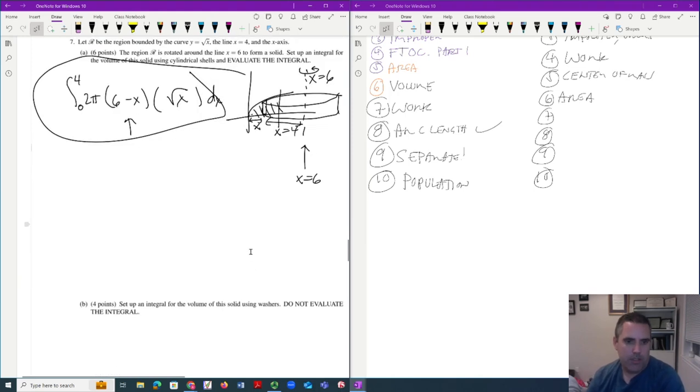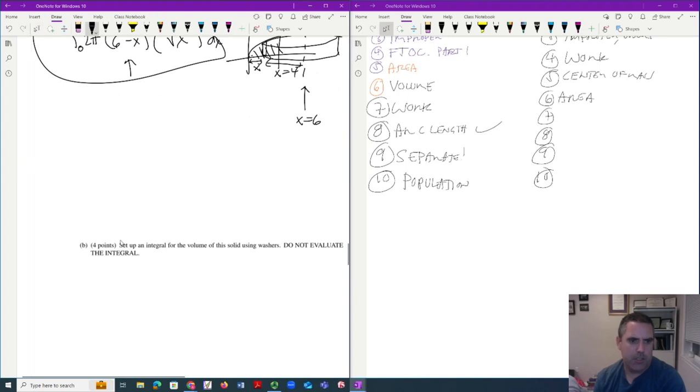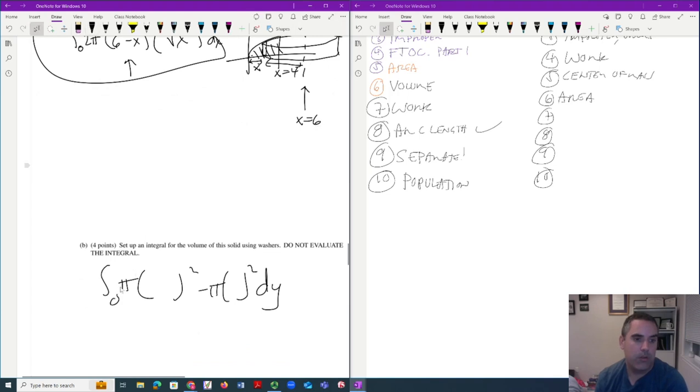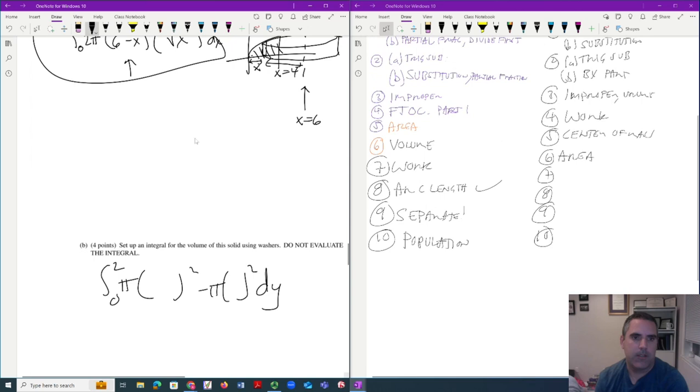Set up an integral for the volume of this using washers. If you did washers, it's going to be in terms of y, dy, pi squared. The smallest y can be 0, the biggest y can be 2, so 0 to 2. And then you're going to have to figure out a couple things. Here's 6.